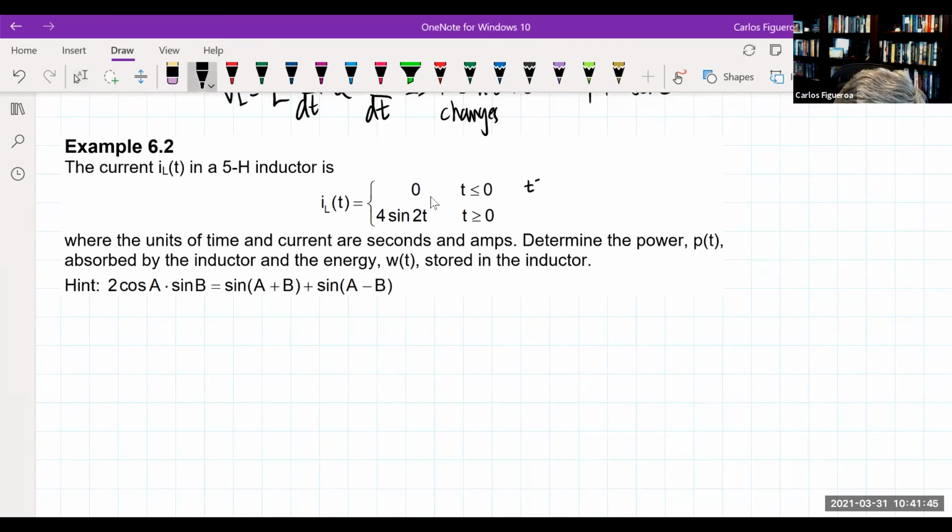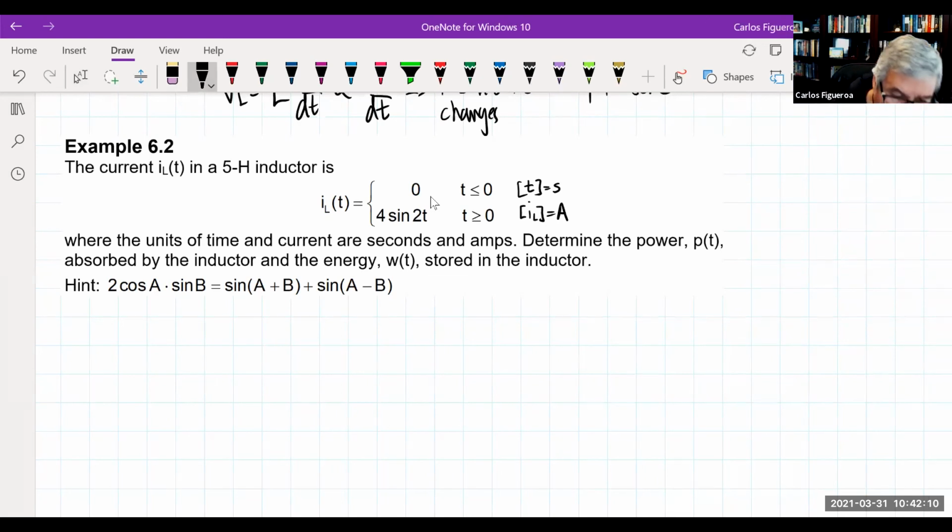T has units of seconds, and current has units of amps. What we want to do here is determine the power absorbed by the inductor and the energy stored. So how do we do this?